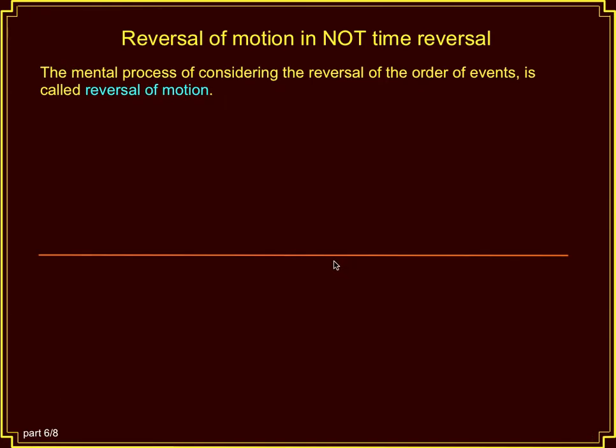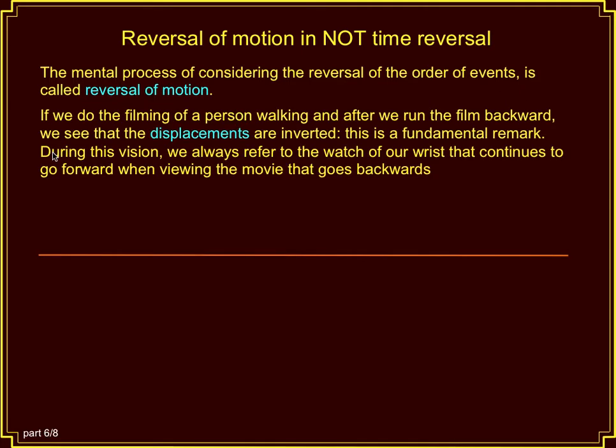Reversal of motion is not time reversal. The mental process of considering the reversal of order of events is called reversal of motion. If we film a person walking and then run the film backward, we see that the displacements are inverted. This is a fundamental remark. During this vision, we always refer to the watch on our wrist that continues to go forward while the motion goes backward.